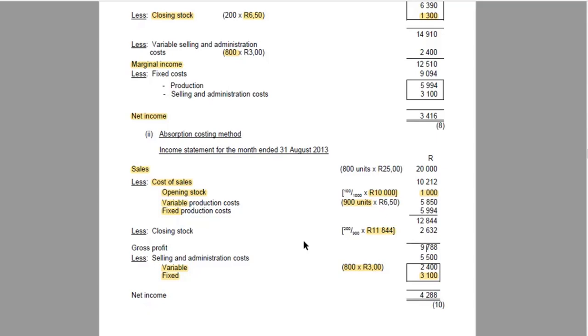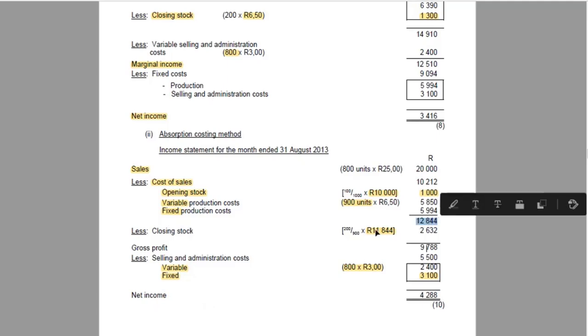Yes, yes. Yes, ma'am. Okay, but you see the difference as to how closing stock under first in, first out, how we treat it versus under weighted. You weighed all the cost.